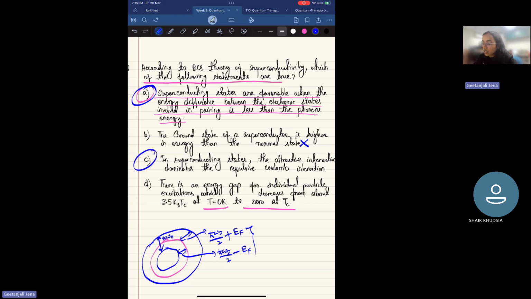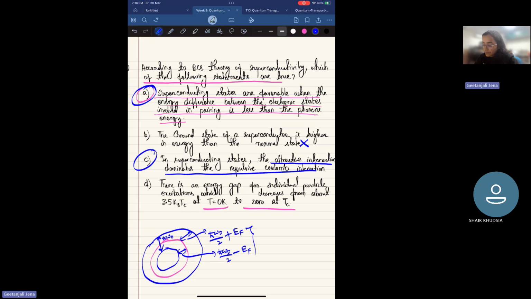This is also correct because this is the only condition under which Cooper pairs can be formed. If the repulsive interaction is larger, it won't be possible for two electrons to occupy the energy state of the superconducting state. So to form the superconducting state, the attractive interaction should dominate over the repulsive Coulomb interaction.